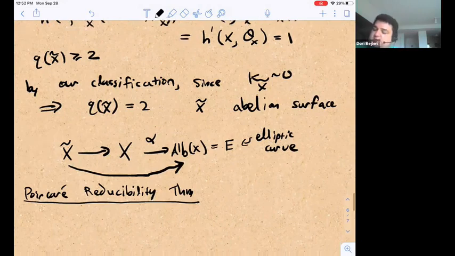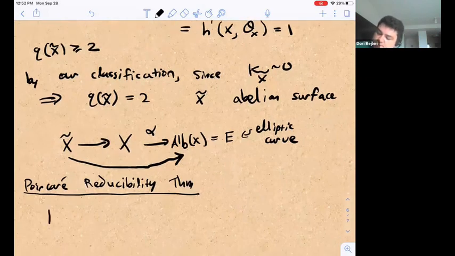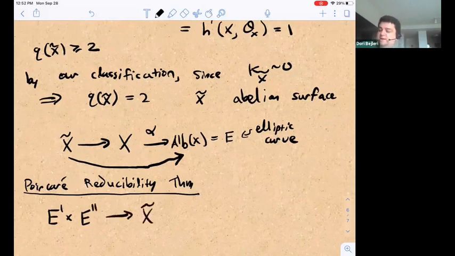So maybe x tilde itself doesn't split. X tilde itself is not the product of E and some other elliptic curve, but we know that there exists some product of elliptic curves and some cover like this that kind of splits this surjection up to some unramified cover.